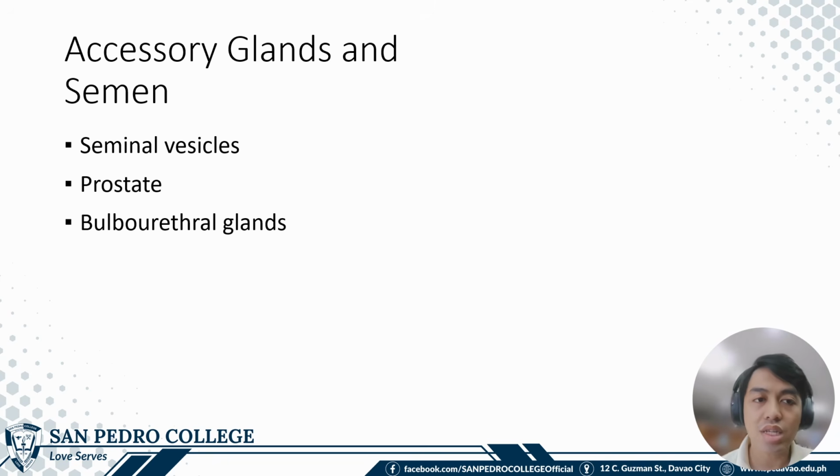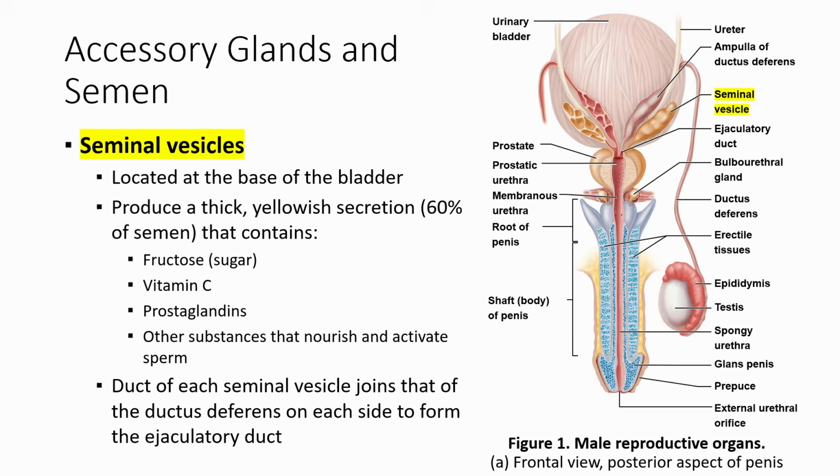And then you have the accessory glands and the semen. The seminal vesicles, you can see here, empty their content to the prostatic urethra, and the secretion of the seminal vesicles contain the following components: fructose, which is the source of energy of the sperm; vitamin C, prostaglandins, and other substances that nourish and activate the sperm.